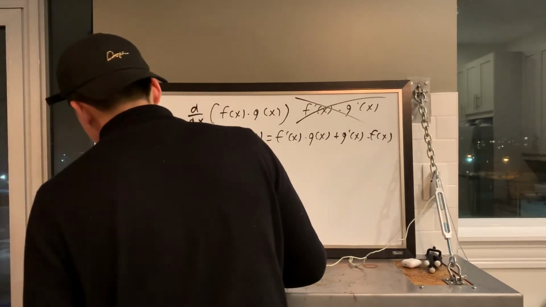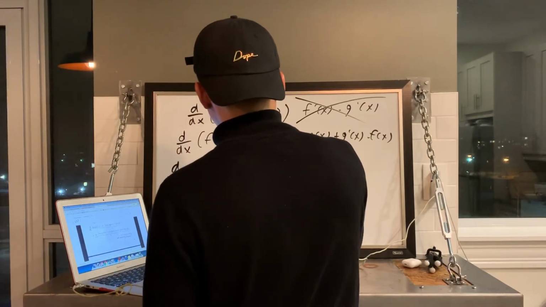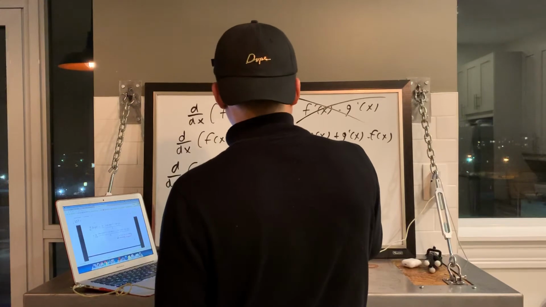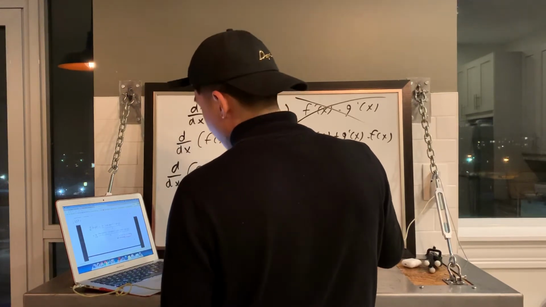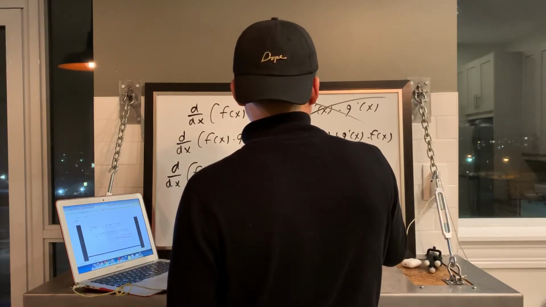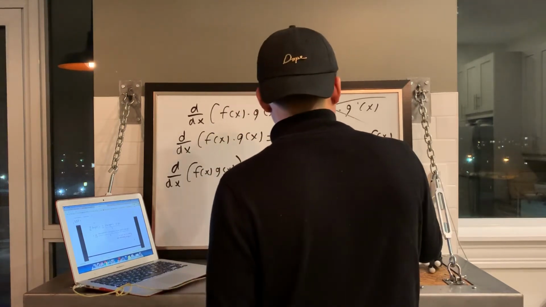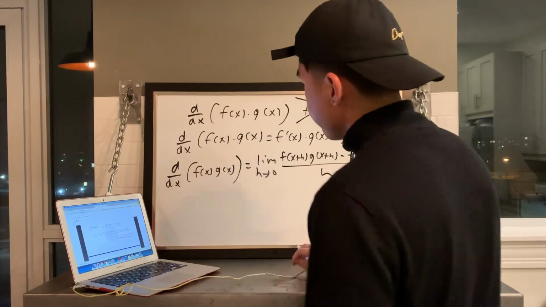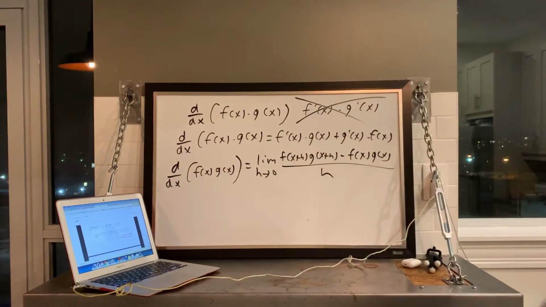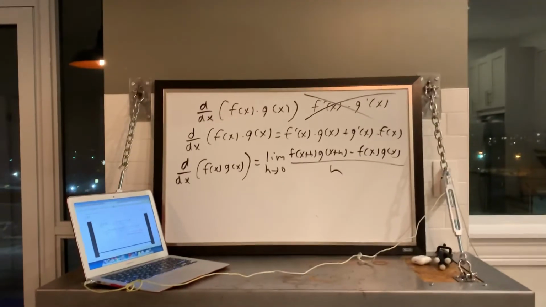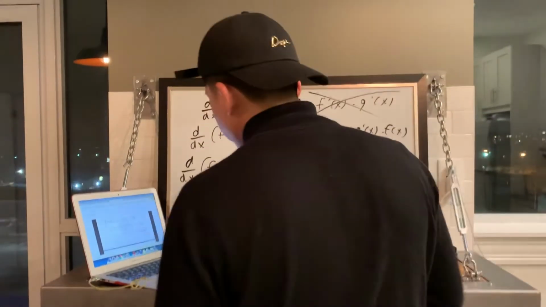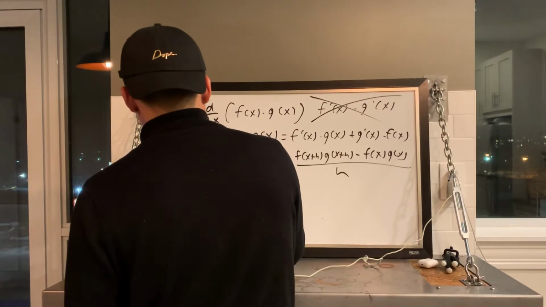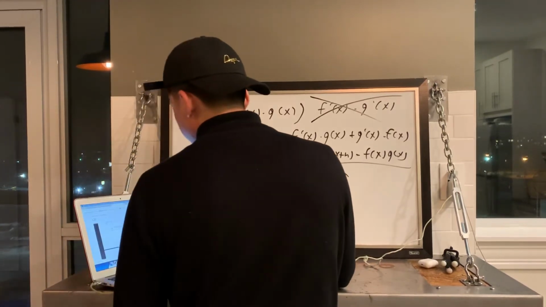The definition of derivative says it equals the limit as h approaches 0 of f of x plus h, g of x plus h, minus f of x times g of x all over h, right? That's step one. We're beginning this mission and a half of this proof. Usually they make you do it in high school. They never make you do it in university. It's a waste of time because it's already invented.